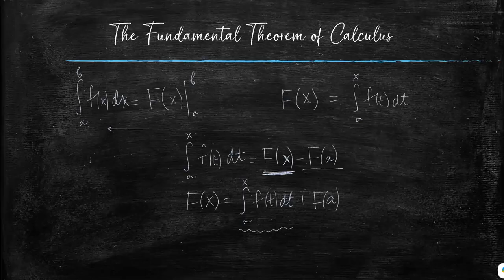And because every indefinite integral has a constant of integration c, in this case, this value is going to serve as the constant of integration. So it turns out that we can use indefinite integrals to express definite integrals, and we can also use definite integrals to express indefinite integrals, and it's all because of the fundamental theorem of calculus.